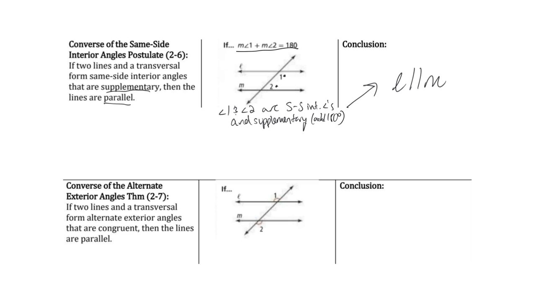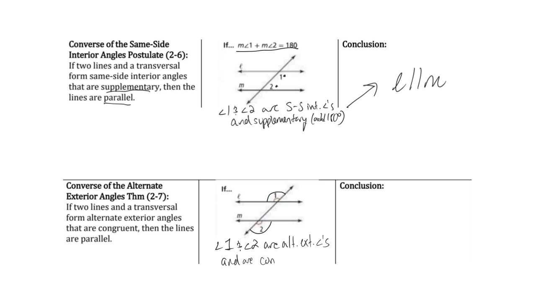And then the last converse theorem that we're going to go through is the converse of alternate exterior angles. So if angle 1 and angle 2 are alternate exterior angles and congruent, which they are, so angle 1 and angle 2 are alternate because they're on opposite sides of the transversal, exterior because they're on the outside, and are congruent.